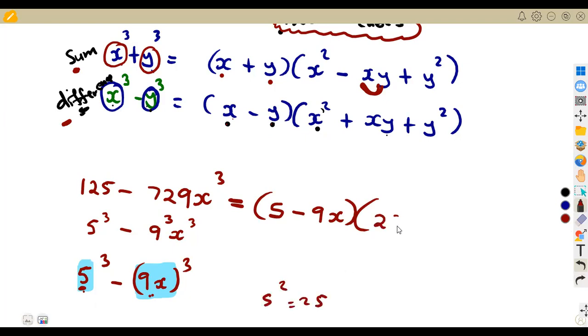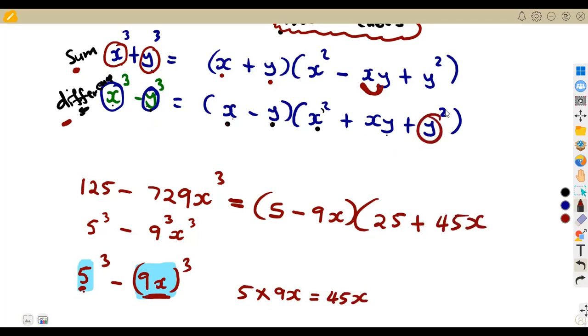So this will be 25 plus, take note, there's a plus there, the product of first and last, xy. So you're going to multiply the first, 5, times the last, 9x. If you multiply this, it will give us 45x.